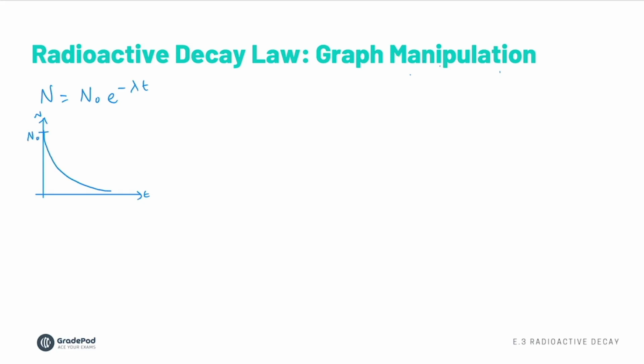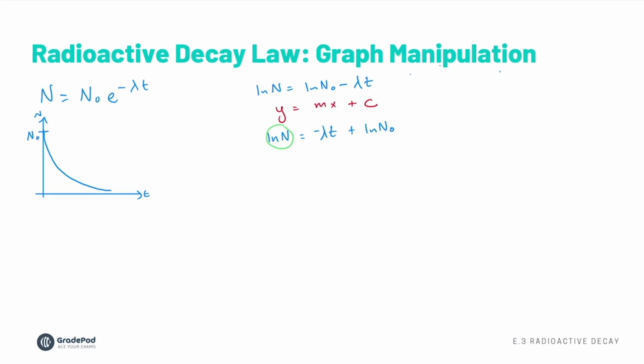Let's manipulate this slightly. If we take the natural log of both sides, we can start to make this look like a straight line graph. And of course, you know that a straight line graph looks like this. So we're going to rearrange our equation slightly. ln N equals minus lambda t plus ln N naught.